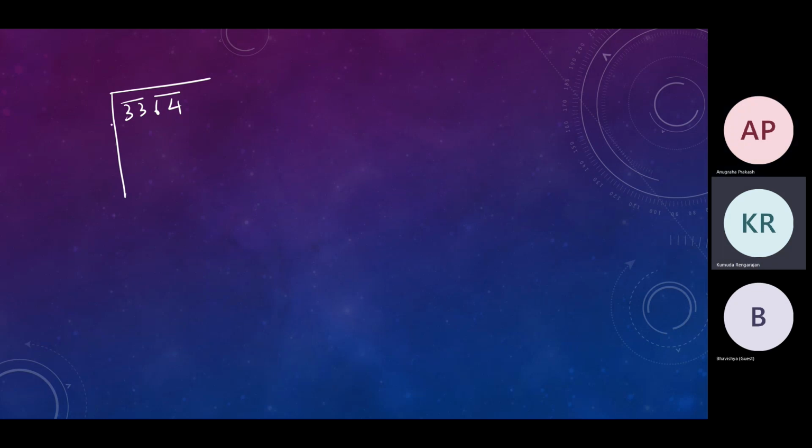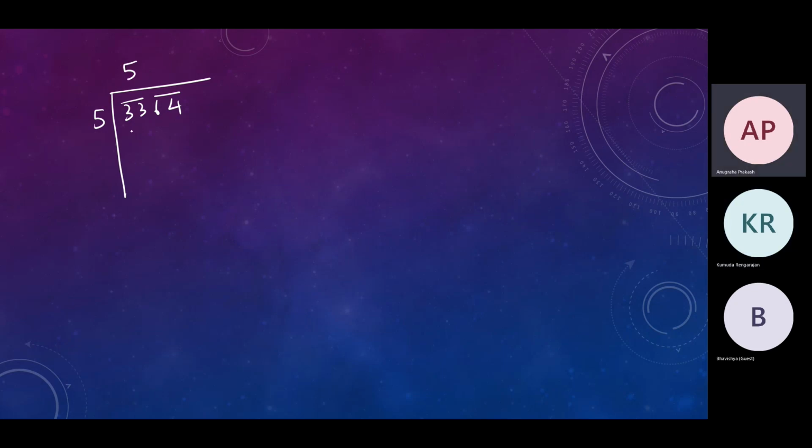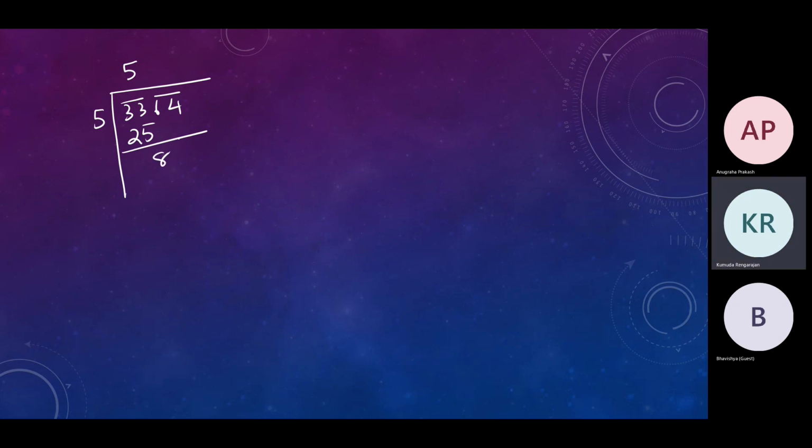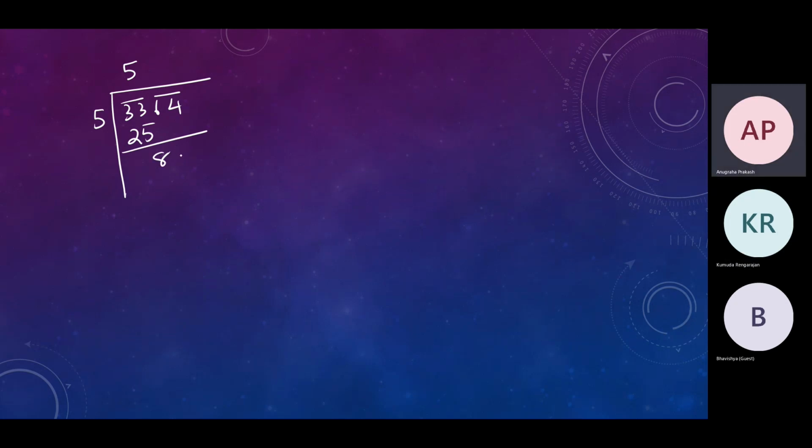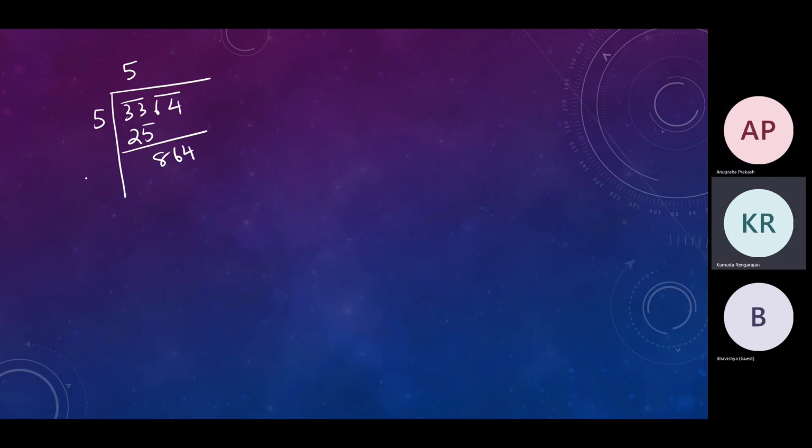Just tell me whatever you write in your book. What number should be placed here? Ma'am, 5. 5 5s are 25. Then next step. Ma'am, we have to bring the 64 down. Correct. Bhavishya, continue.